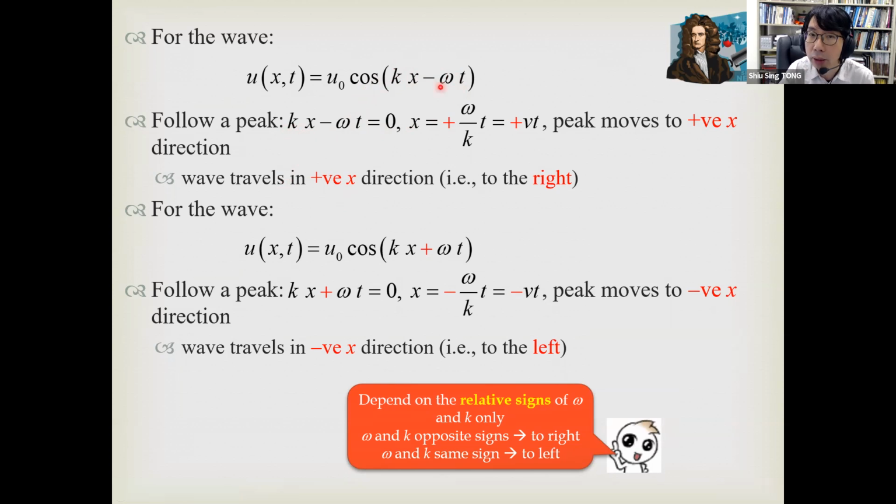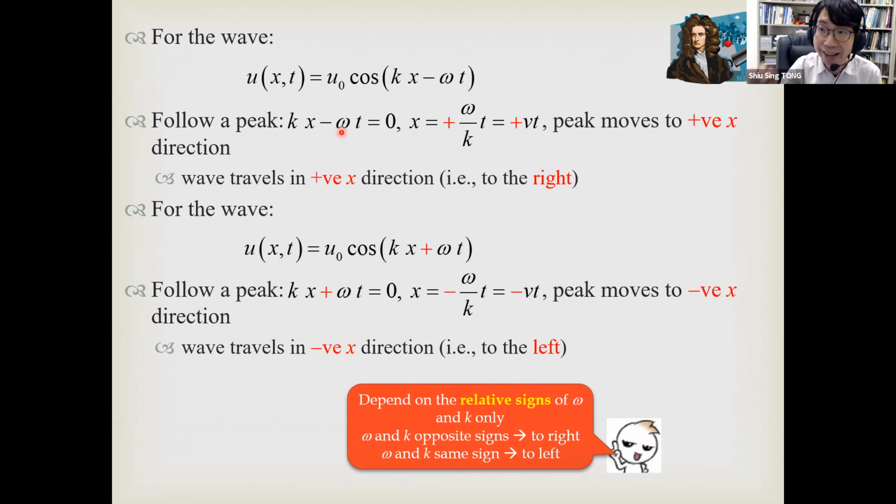So the expression inside the bracket, kx minus omega t, the total phase, is equal to 0. We know that when the argument is 0, cosine is maximum, so that corresponds to a maximum or peak on the wave, and this is in fact the first peak.